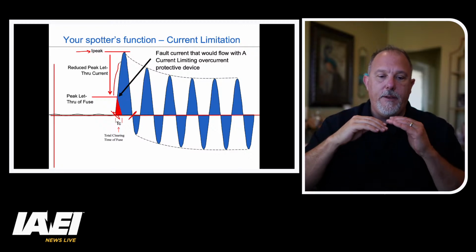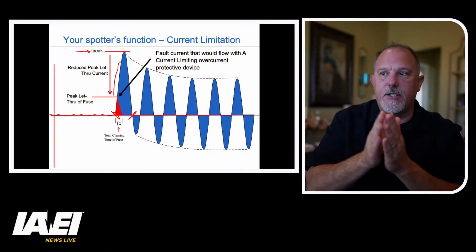You went from a nice waveform that was symmetrical and, I'd say, you went from a flat roof to a peaked roof, right? So your waveform went from something like this to something like that.